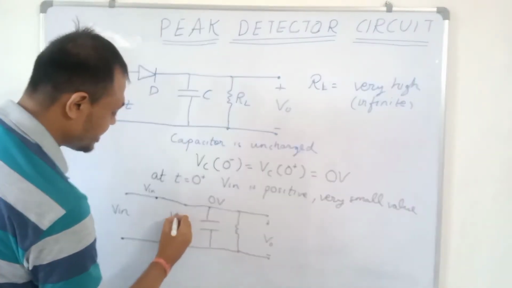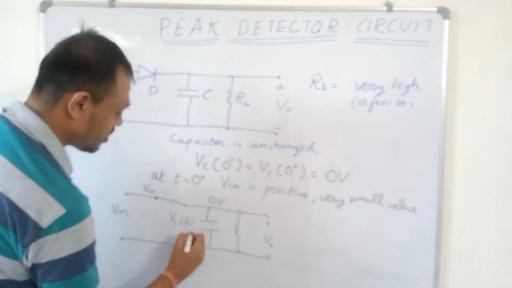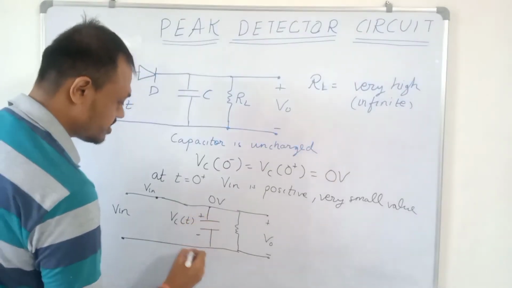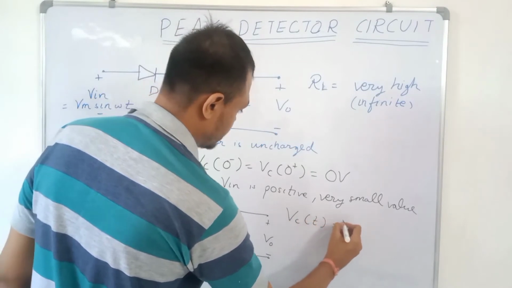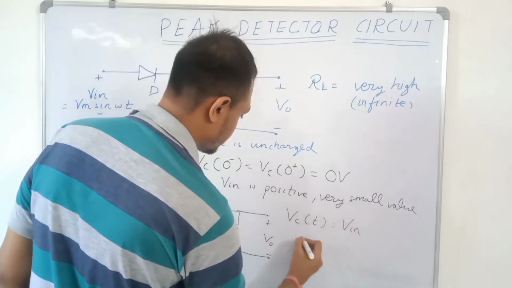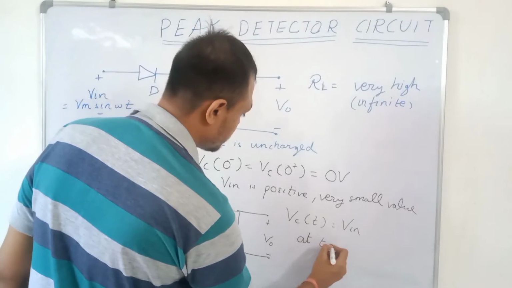So the voltage Vc(t) is the voltage across the capacitor. Vc(t) will be equal to Vin at t equal to 0 plus.